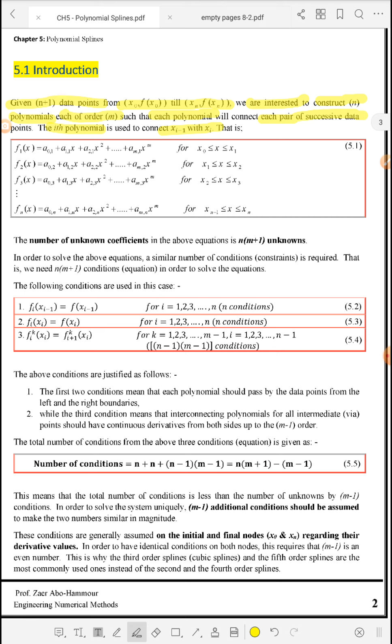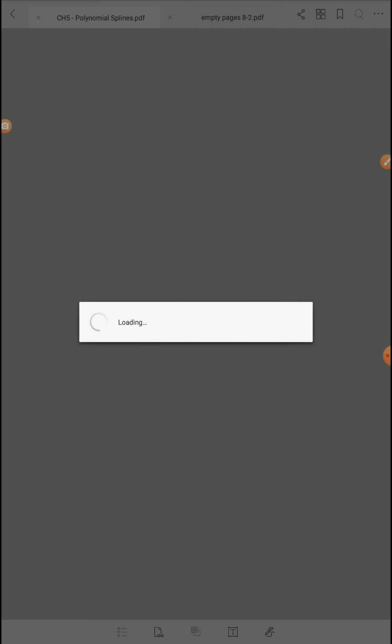In order to clarify things more, assume that we have here x naught, x1, x2, x3, until we reach xn minus 1 and xn.